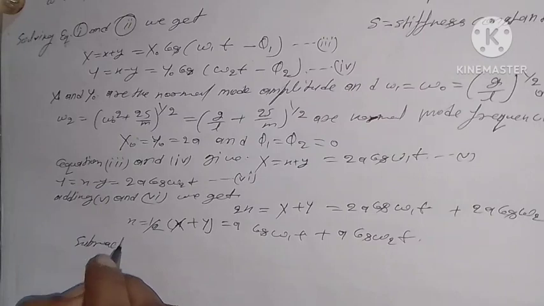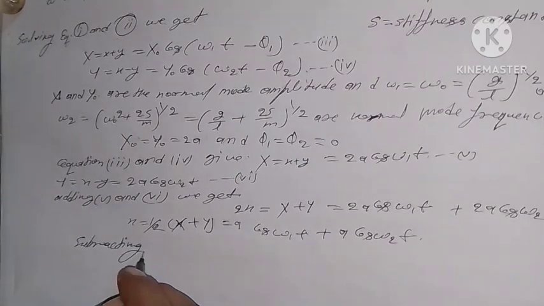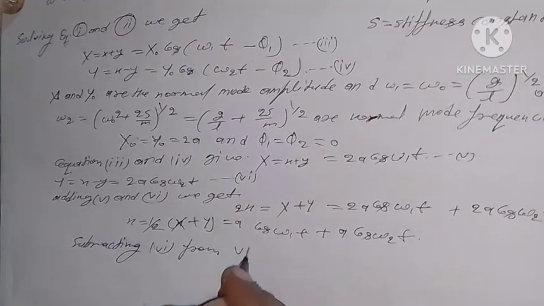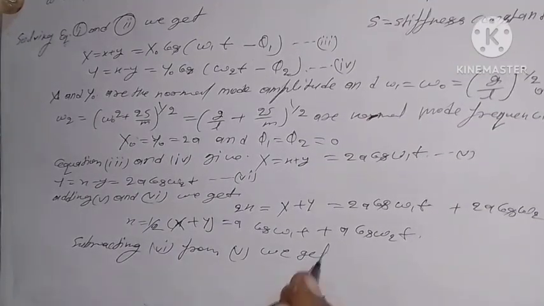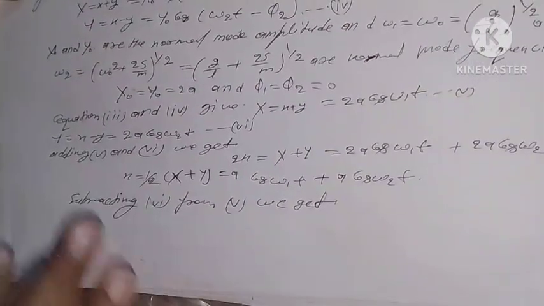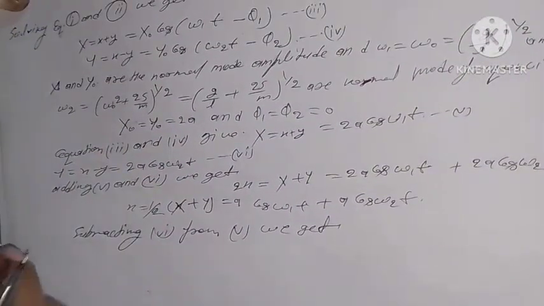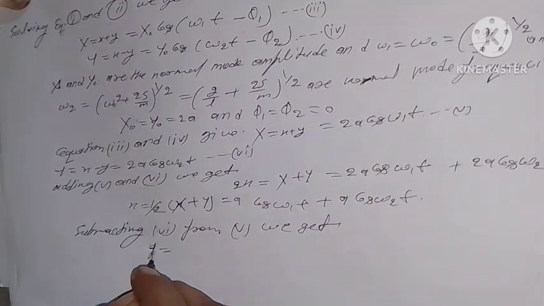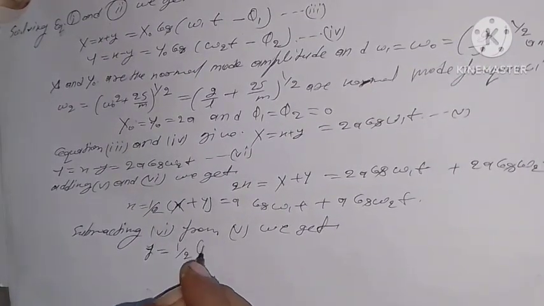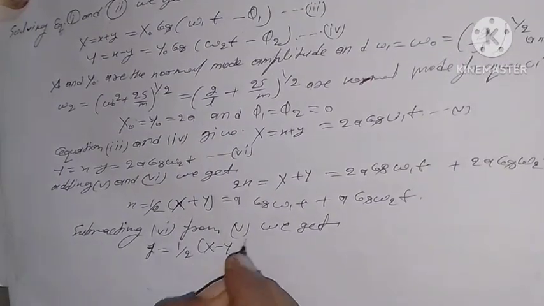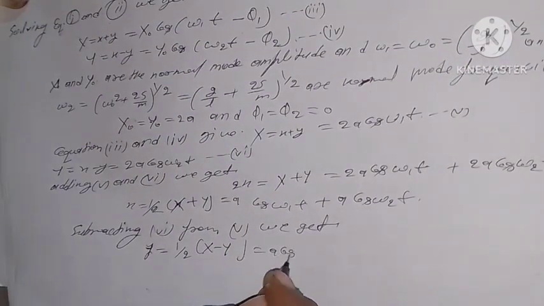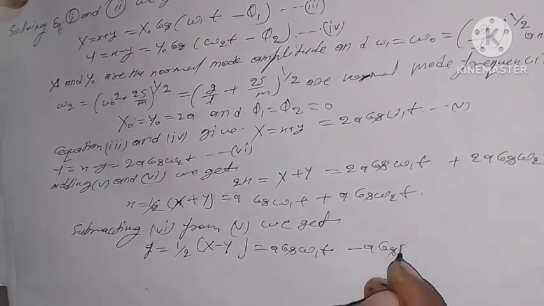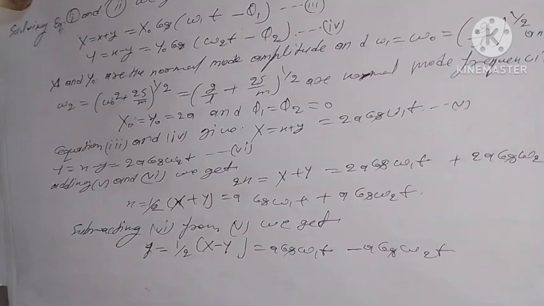Subtracting equation number 6 from 5 we get small y equal to 1 by 2 (capital X minus capital Y) equal to a cos omega 1 t minus a cos omega 2 t.